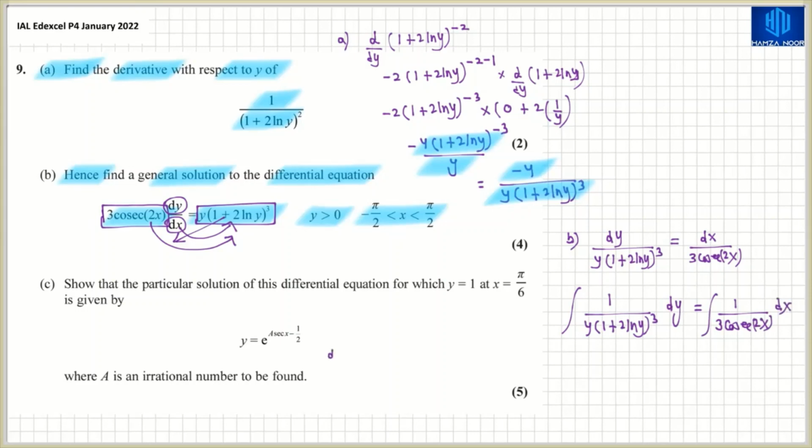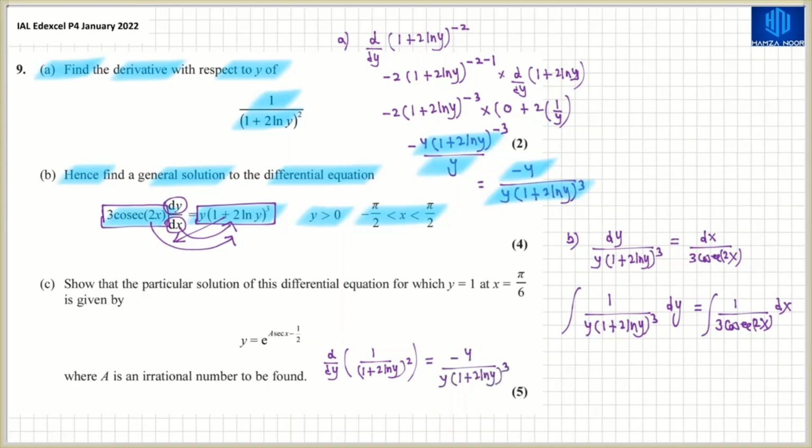In part A, we differentiated the expression 1 upon (1 plus 2 ln y) whole squared with respect to y, and we obtained minus 4 divided by y times (1 plus 2 ln y) whole cubed.